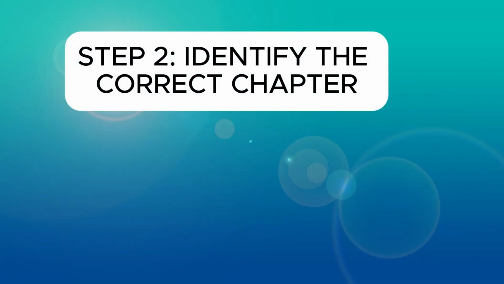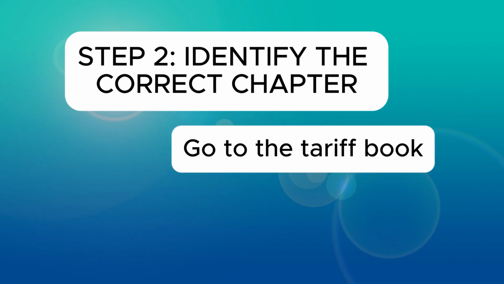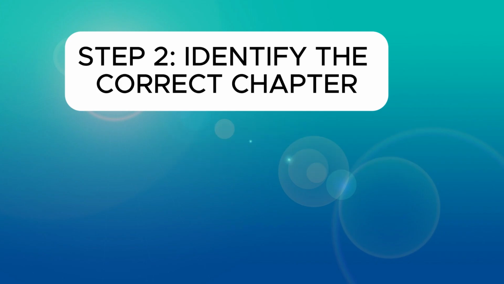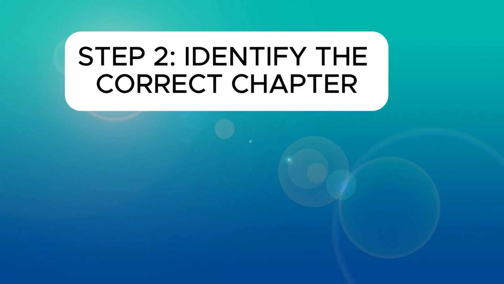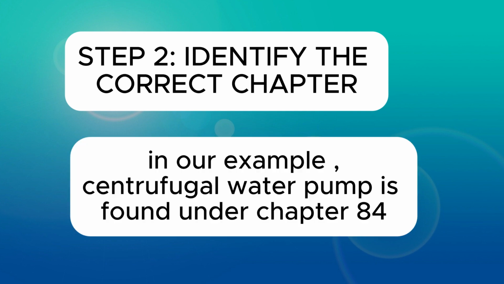Step 2, identify the correct chapter. Open the customs tariff book and ask a question like, is the machine electrical, chemical, or mechanical? A pump is a mechanical machine, so you go to the right chapter.